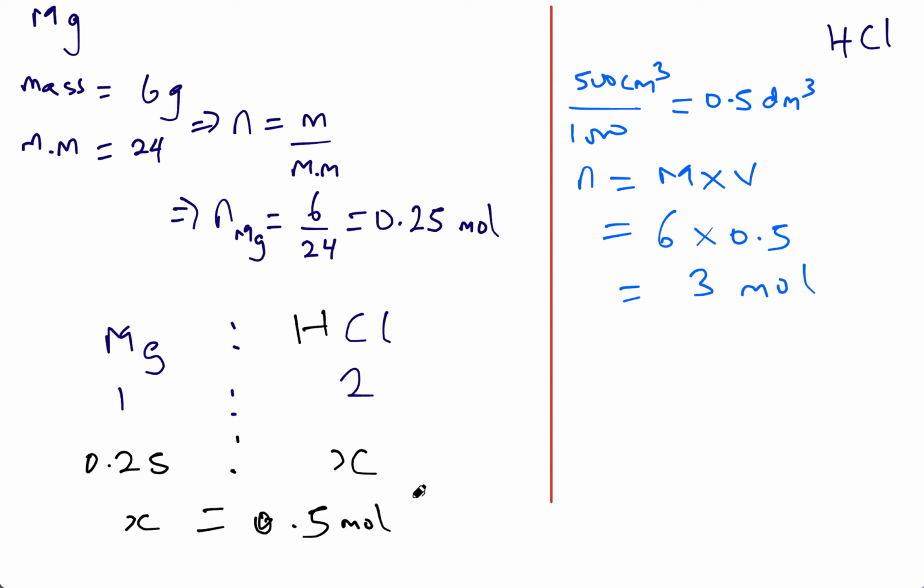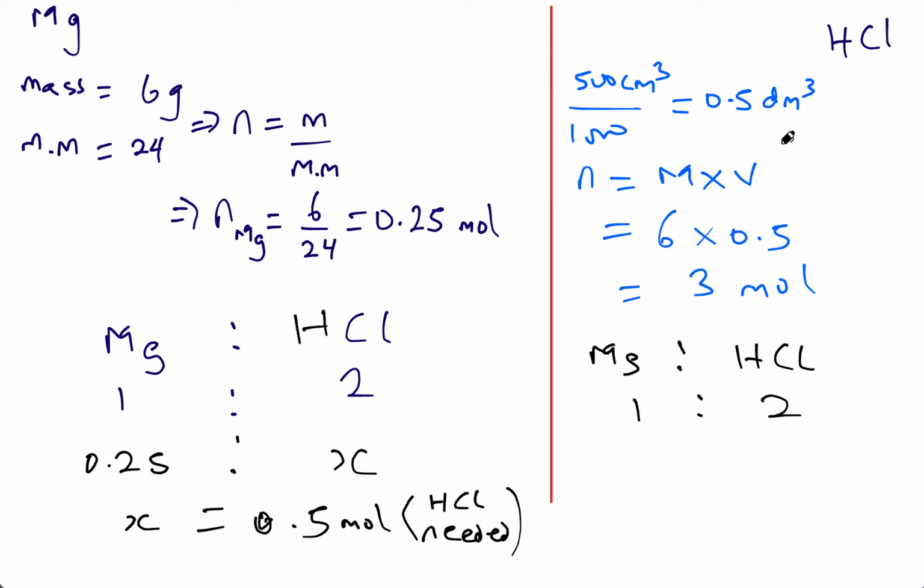So that implies that you need this amount of HCl to react with what was given as far as magnesium is concerned. Let's go and do the same thing here. So we have that Mg to HCl ratio is still 1:2. But what do we have here? We have information on HCl, which is 3 mole.